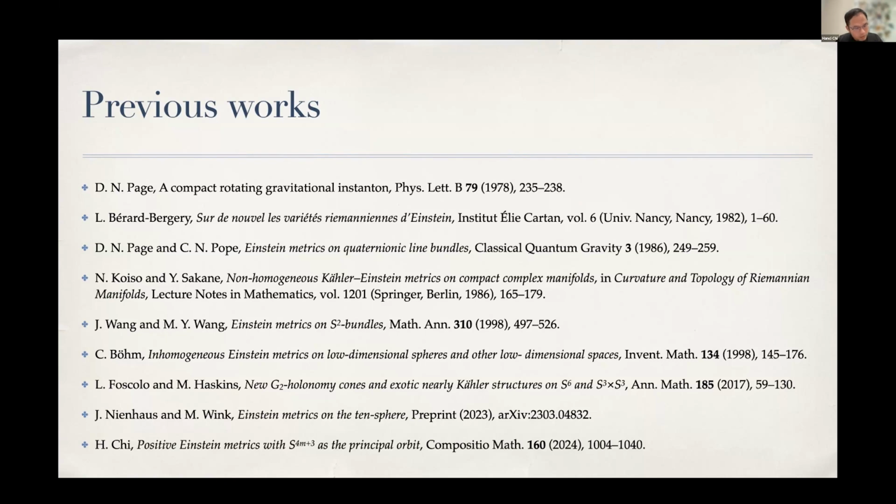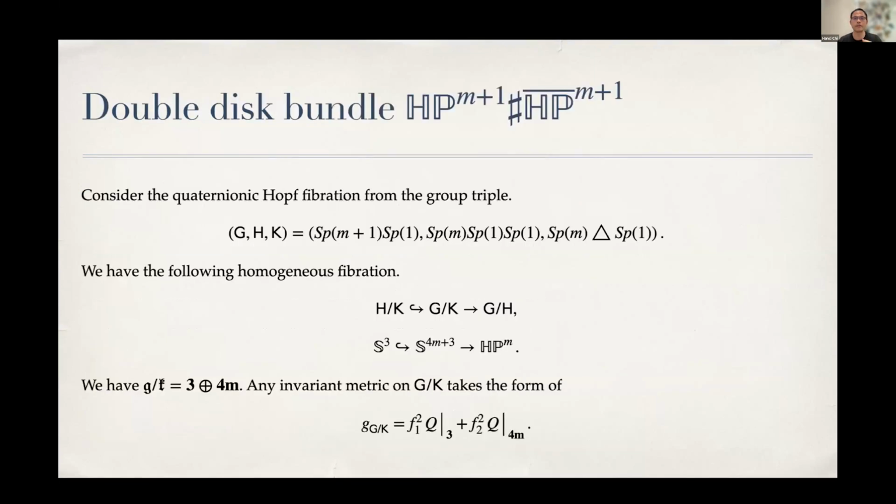And the last one, as you can see in the last line, is the recent generalization of Böhm's metrics to the higher dimensional case. So we are going to give a more specific description of that.